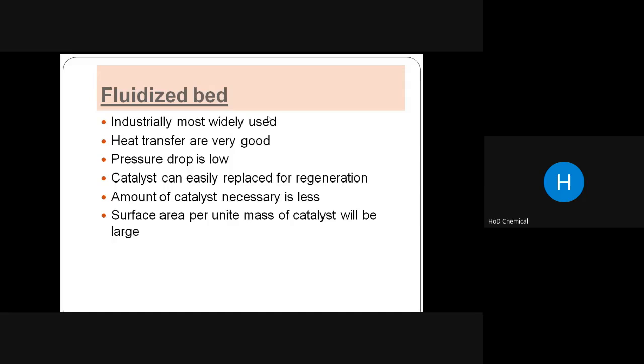In fluidized bed, pressure drop is minimized, the catalyst can be regenerated, and the amount of catalyst is also very less. So all those factors apply to fluidized bed.